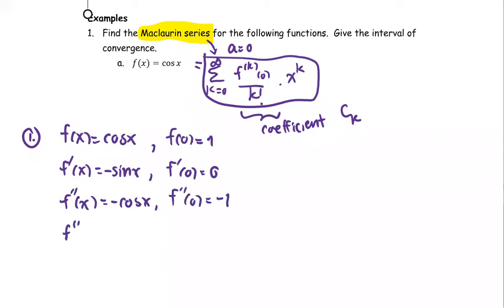And keep going in the same manner. The third derivative is positive sine x, and f triple prime at 0 is 0.